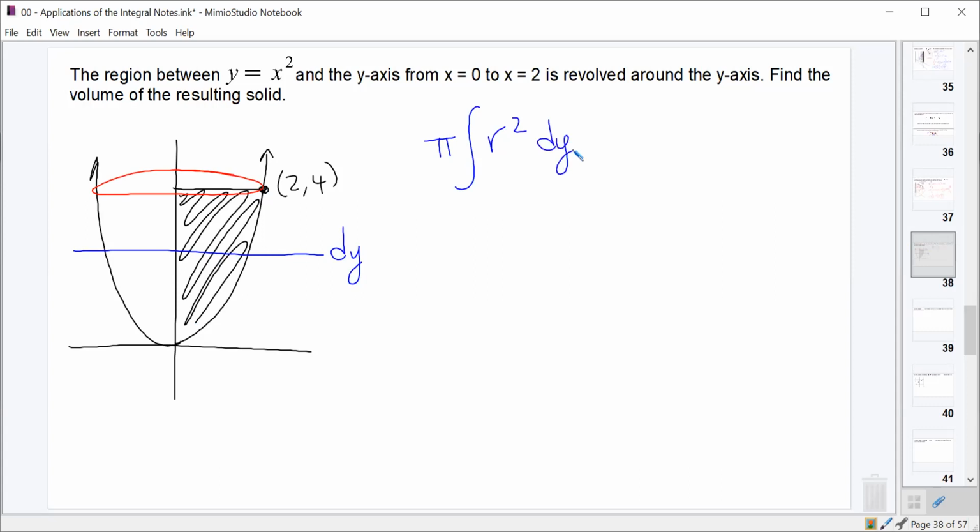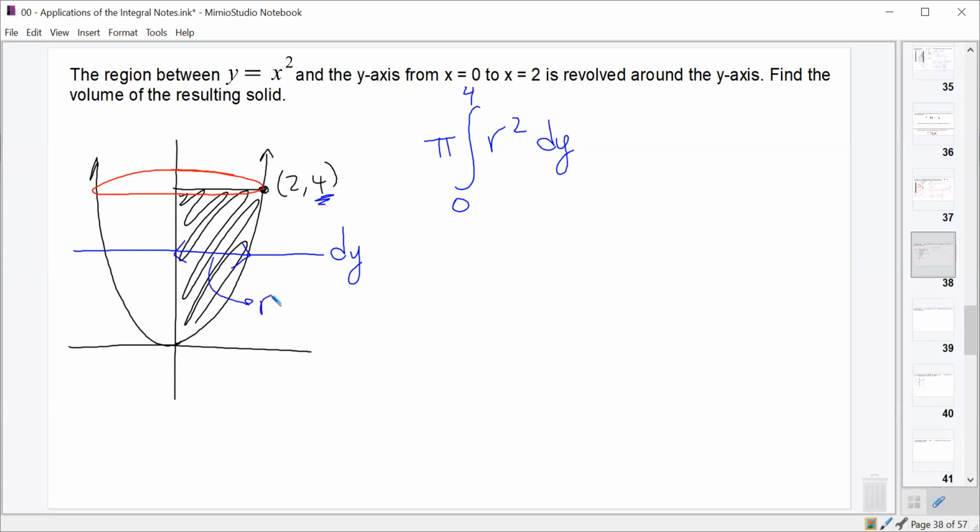And so I'm going to have to do two things. One is I'm going to have to make sure that my limits of integration are y values. So I'm going to go from the lowest y value, which is 0, to the highest y value, which was 4. Then I have to figure out what the radius of these cross sections is. Well, that's from here to here.